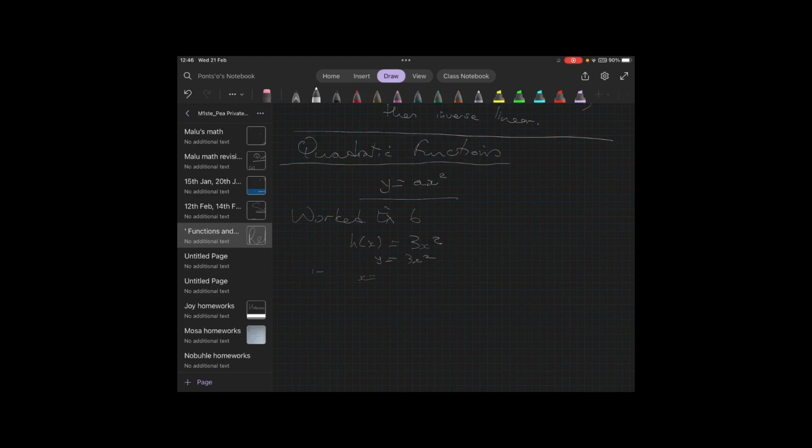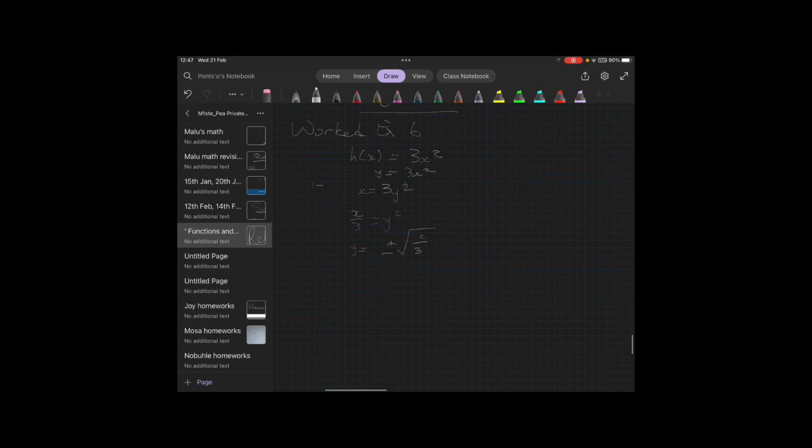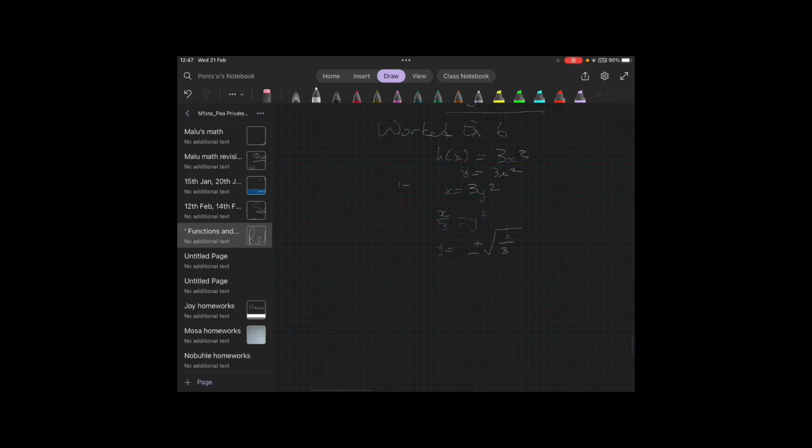So y equals 3x squared, so we'll have x equals 3y squared. Alright? Then we make y the subject of the formula. So x divided by 3 equals y squared. And then we take the square root, so y becomes positive or negative square root of x over 3. Just make notes on the side.